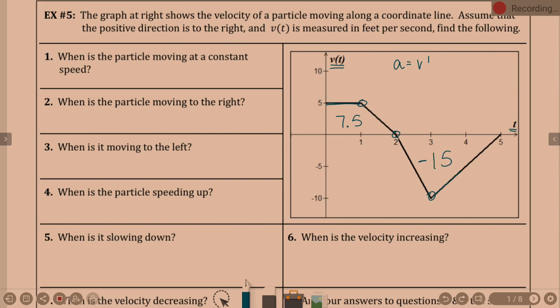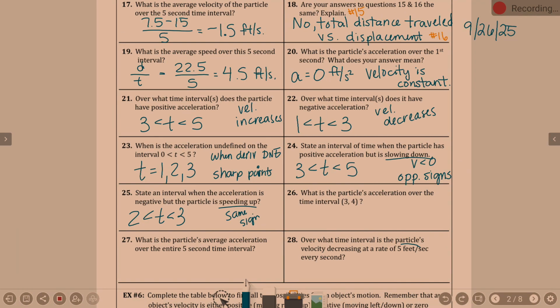What is the slope from here? 5. Yep. So acceleration is the derivative of velocity, which is slope, and it is 5. Technically, it would be 5 feet per second squared.